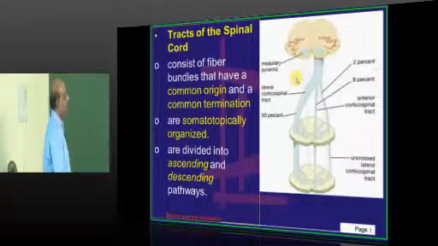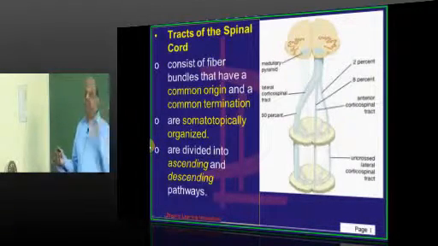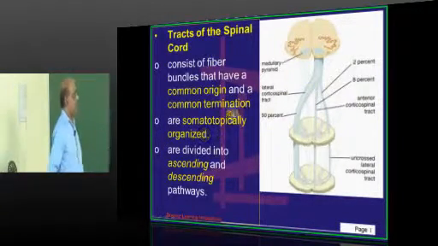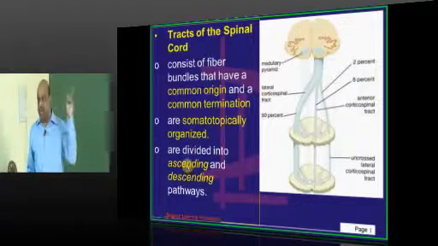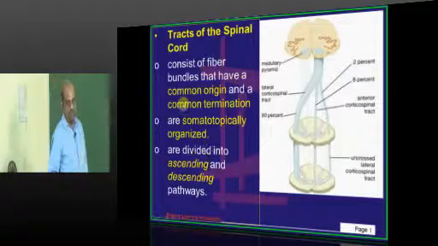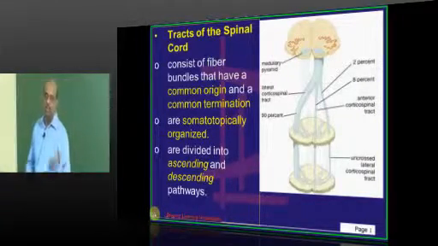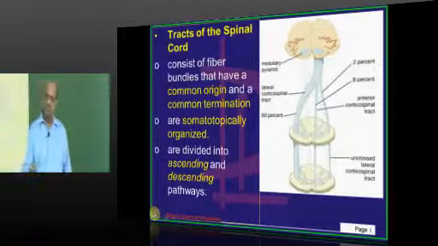So doctor, what are the tracts of the spinal cord? First of all, what is meant by a tract? A tract has a common origin, common termination. Suppose I say dorsal column. Any dorsal column basically starts from the spinal cord.